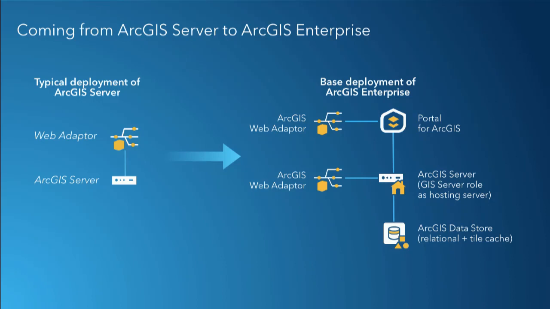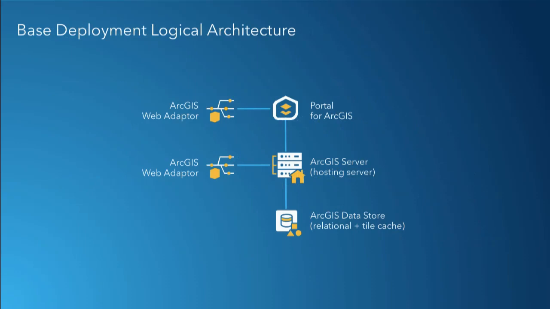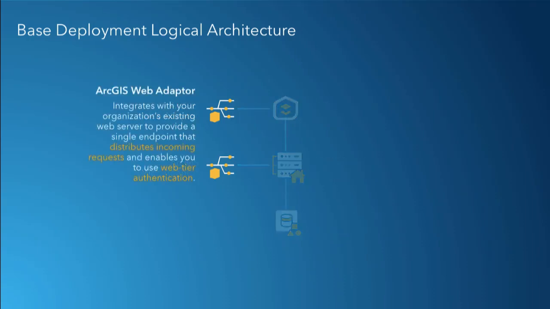What does that entail? So let me dig into the base deployment one more time and just talk through what's actually there and how to go about it if you were to do it by yourself. So first of all, we've got those web adapters, right? They're sitting and directing traffic coming in from the outside into the individual components.